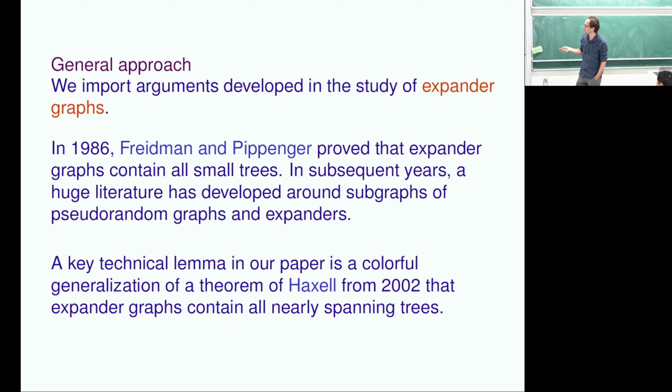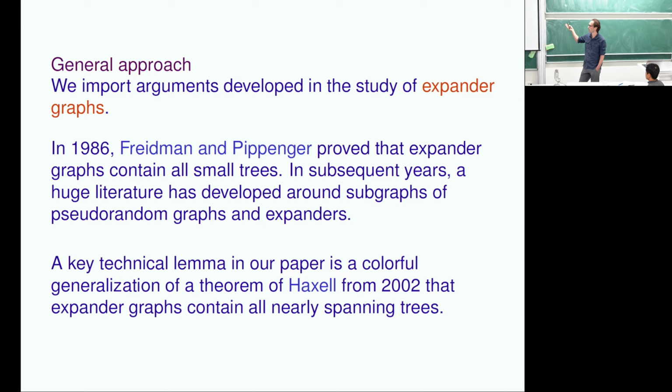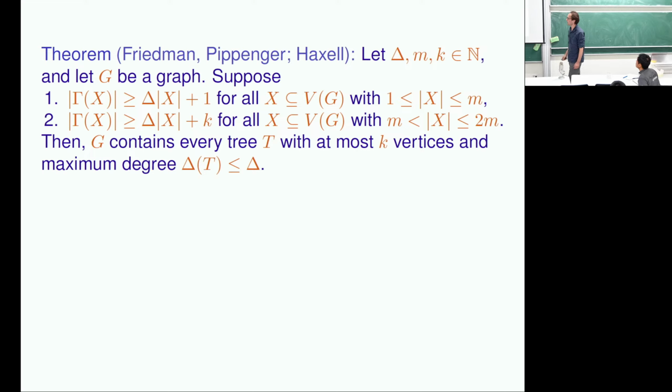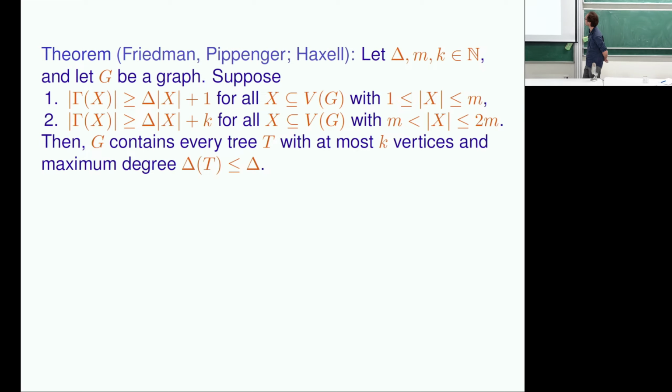What Haxell did is she improved the 1986 proof of Friedman and Pippenger so that she can find almost spanning trees instead of just small trees. So here's the actual statement of Haxell's result.